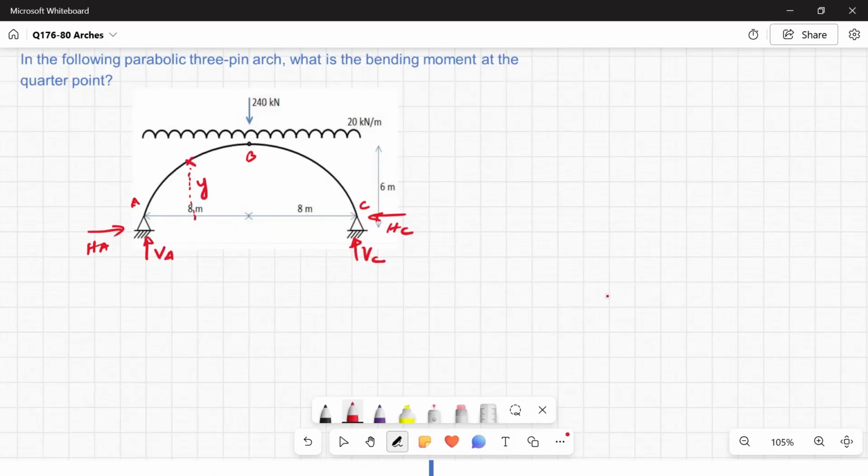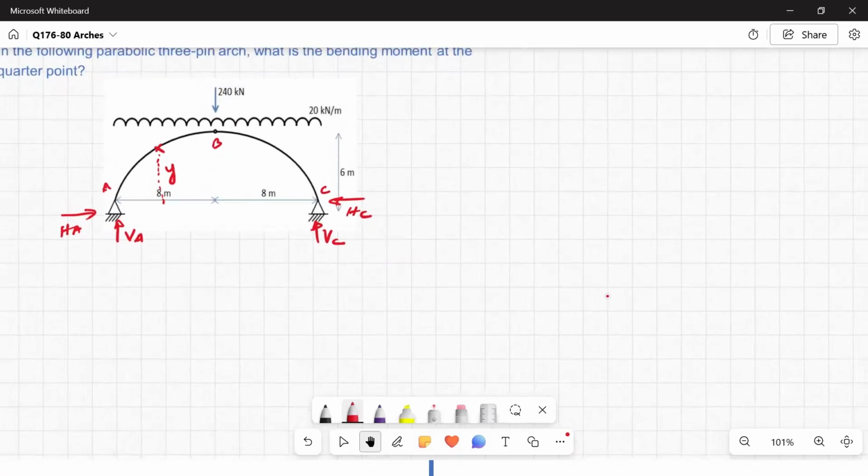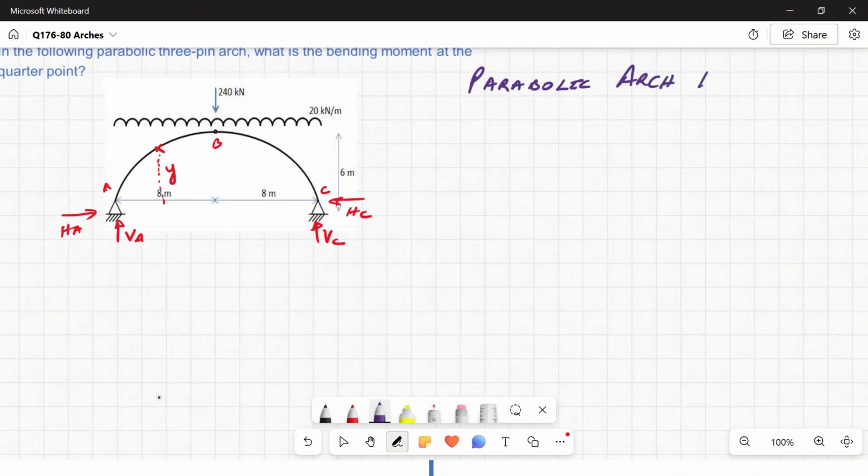As this is a parabola, this is not an arc or a circle or semicircle, it's a parabola. So for this case, we need parabolic arch height, and there is a direct formula for parabolic arch height, not arc height, and the formula is y equal to 4hx(L minus x) divided by L square.